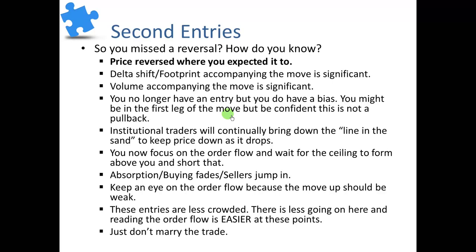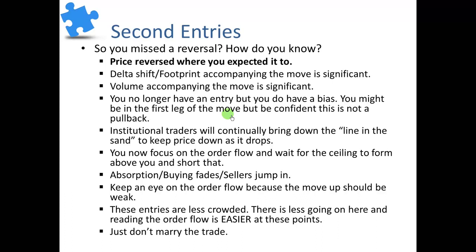Plus, I've got 3 or 4 levels. Should I just fade each level every time, knowing that only one of them is going to work out? Based on what we know about price action and order flow, we can start identifying which moves are reversals and which are pullbacks, and use that to set our bias and then look for a second entry.